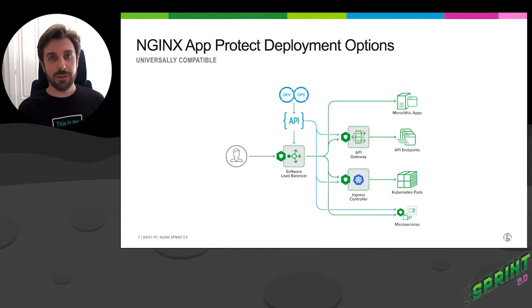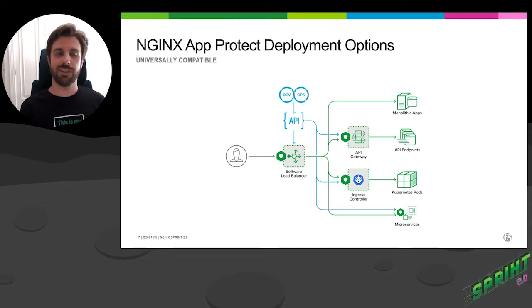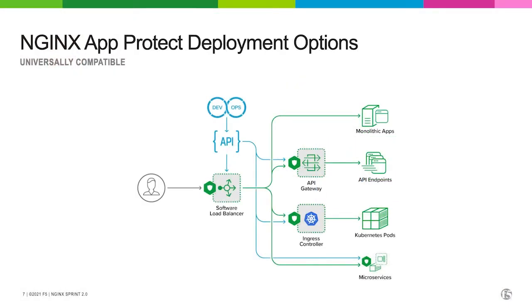Whether that's a VM load balancer, or a software load balancer, or a Docker container as a microservice, or a Kubernetes cluster, or a Kubernetes ingress controller, a bare metal solution, or even an API gateway. In all these places where you would maybe have NGINX running, you can also deploy NGINX App Protect at the same time with NGINX to secure and serve your applications.